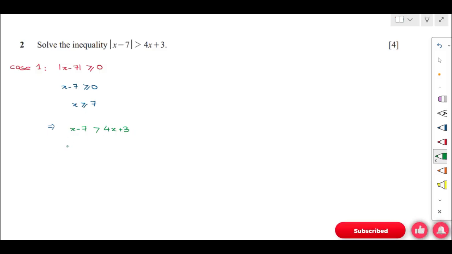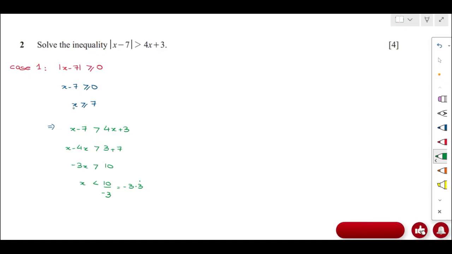Let me solve for the resulting x. Okay, so x minus 4x is greater than 3 and shift the 7 becomes plus 7. This is minus 3x is greater than 10, or x should be less than 10 over negative 3, and this is negative 3.33 recurring. Okay, now here the x value is less than negative 3.33, right?